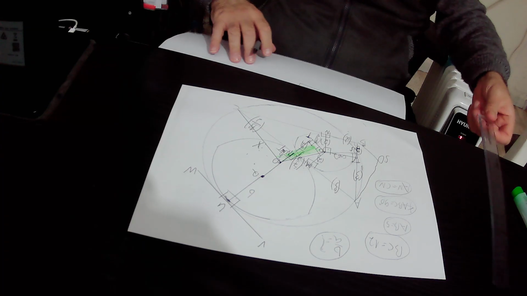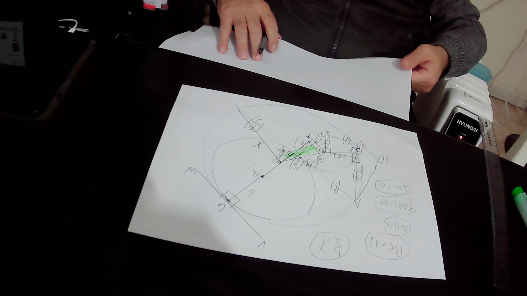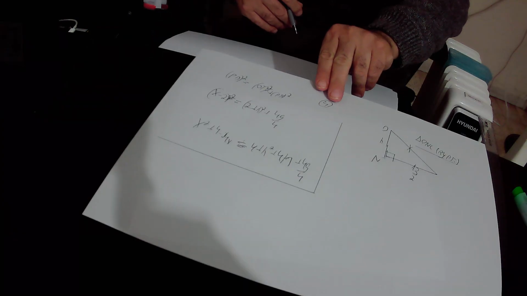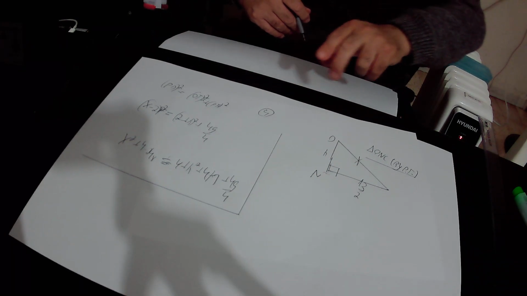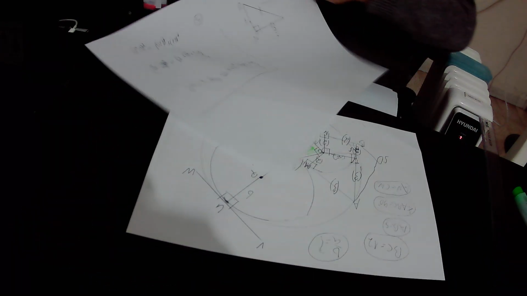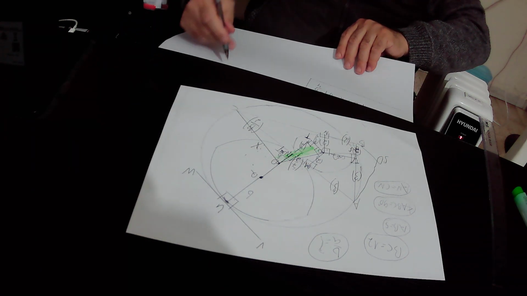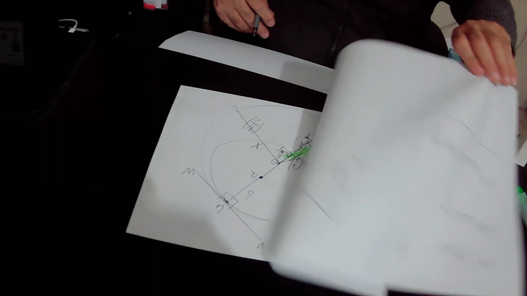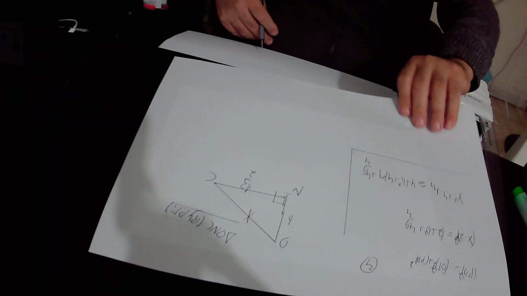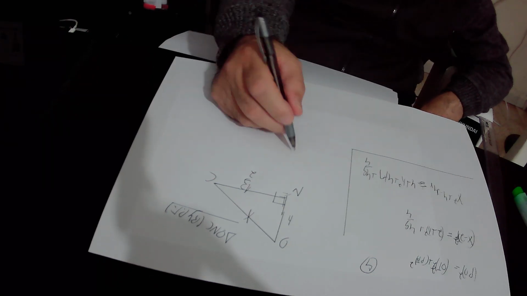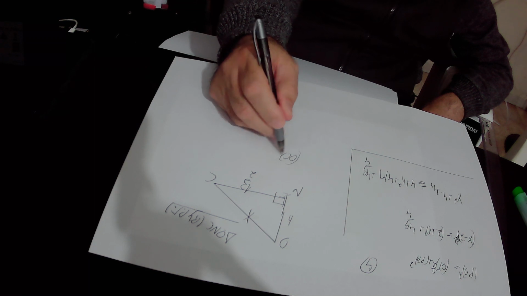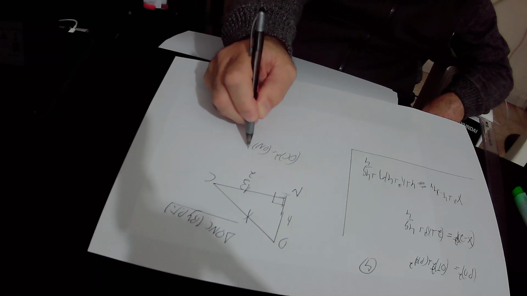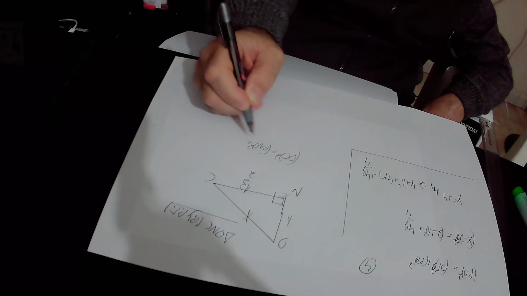So in the right triangle ONC, according to the Pythagoras theorem, we get that OC squared equals ON squared plus NC squared.